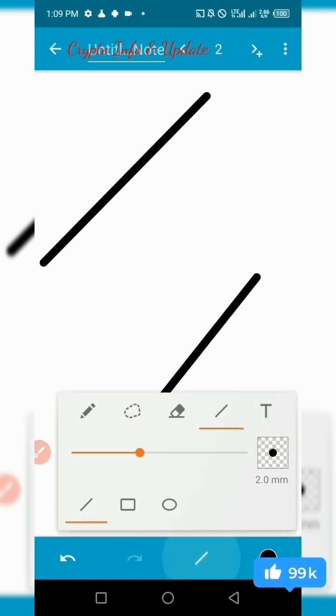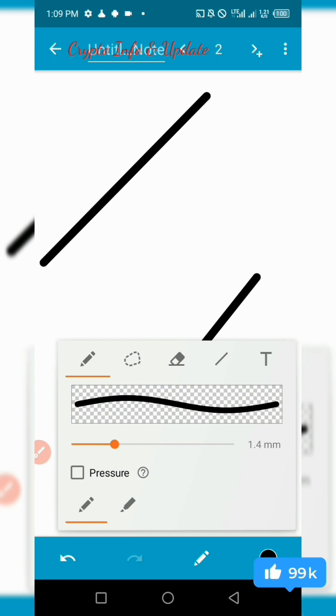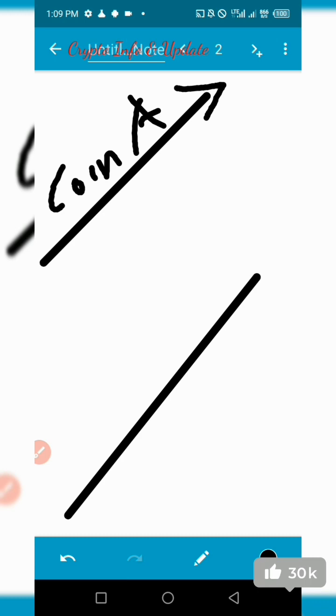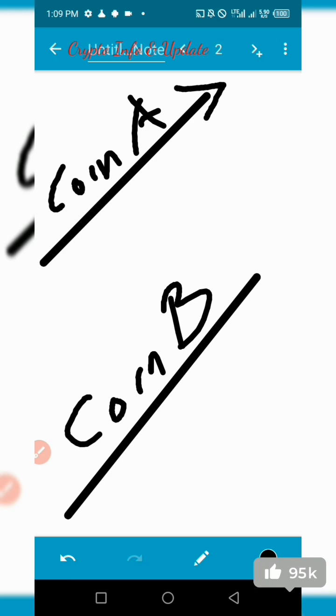So let's call this one coin A, and we call this one coin B. Okay, coin A and coin B. Now coin A is moving upwards. Okay, that's an uptrend. Coin B too is moving upwards. That is an uptrend. So both coin A and coin B are maintaining the same direction.